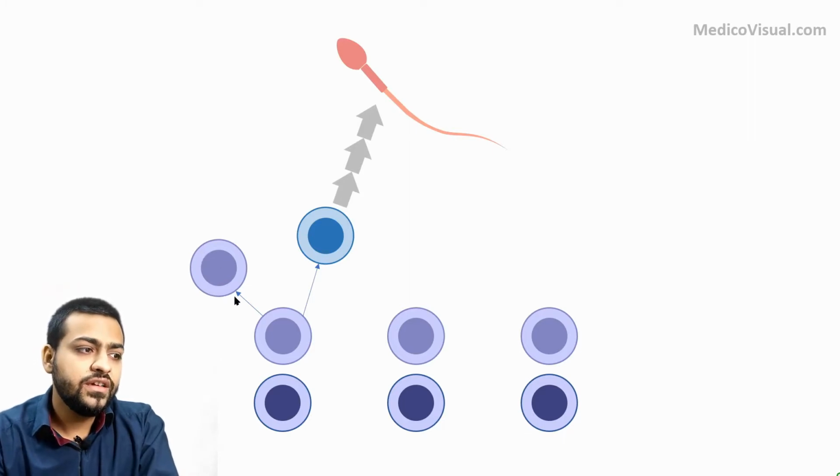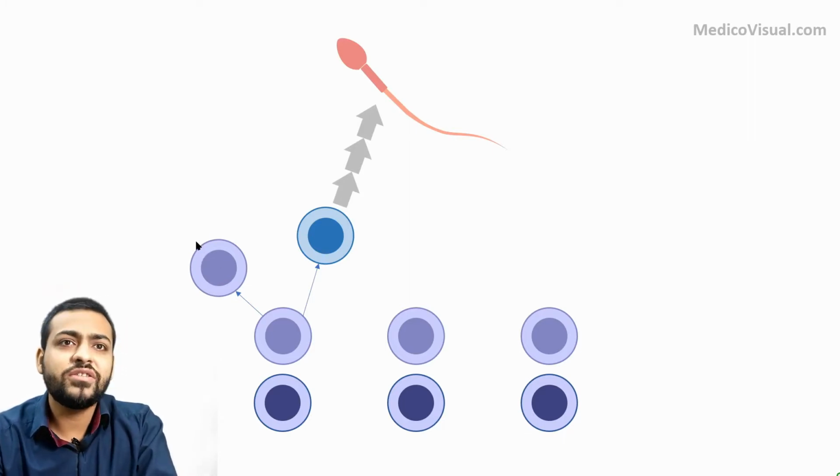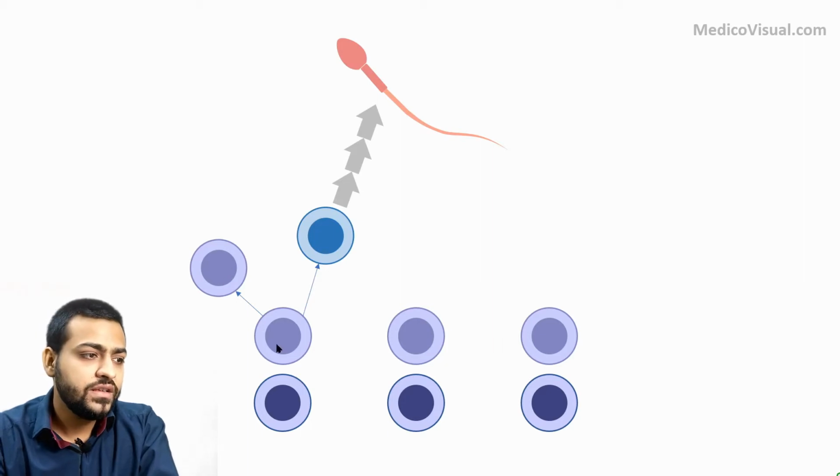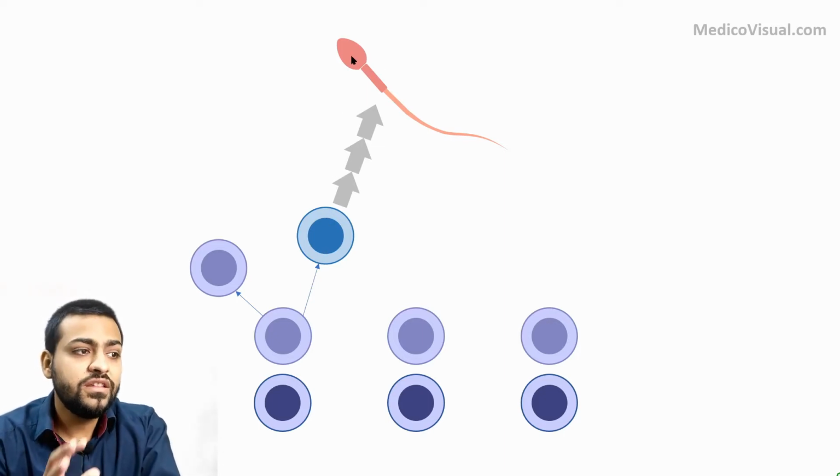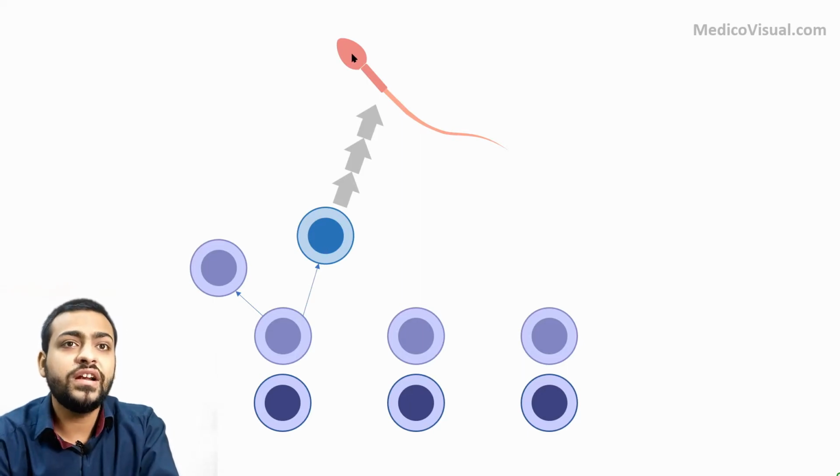One cell is the very same spermatogonia, and the other cell is destined to form mature sperm. So what is so unique about this cell division? This is asymmetric cell division.